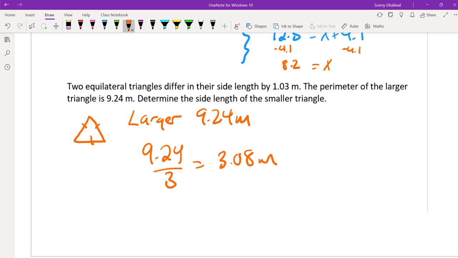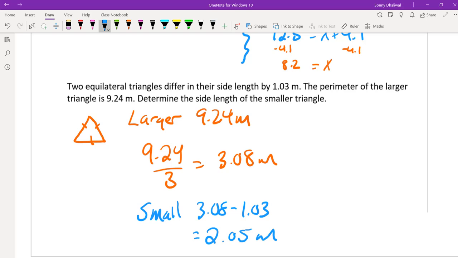And then we're saying the small triangle is smaller by 1.03. Small triangle is 3.08 minus 1.03. 2 point something. 2.05 meters.